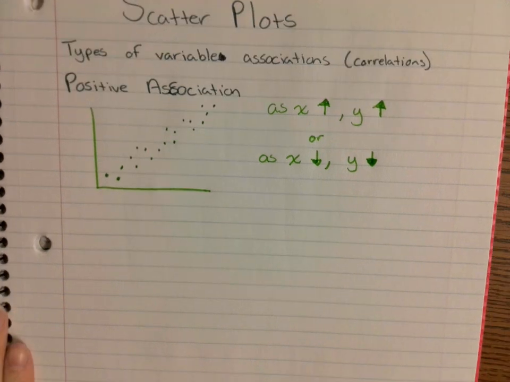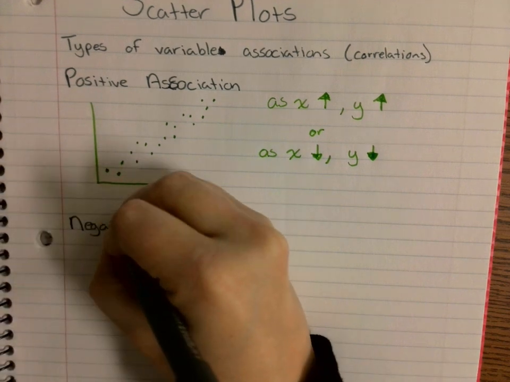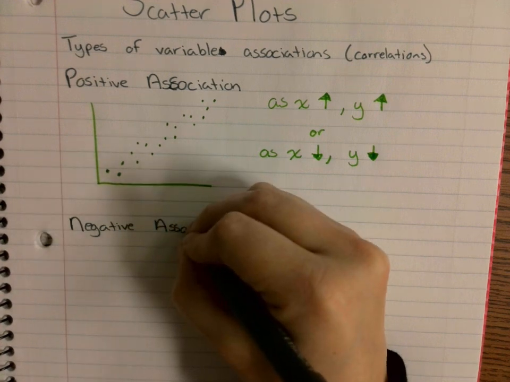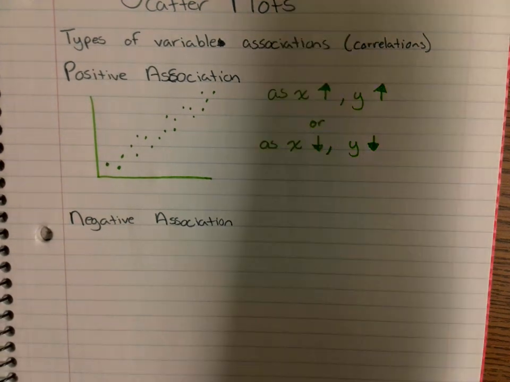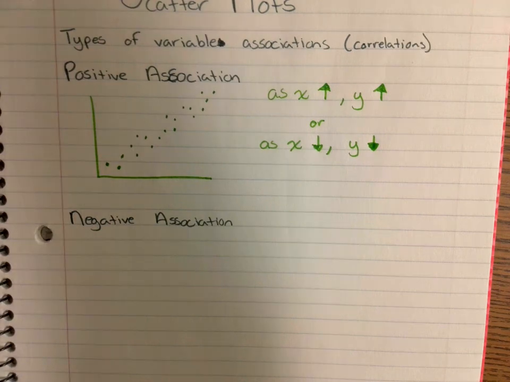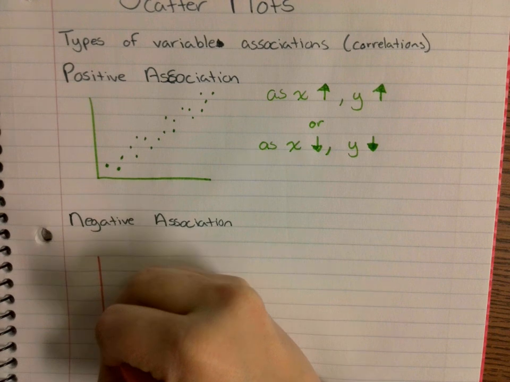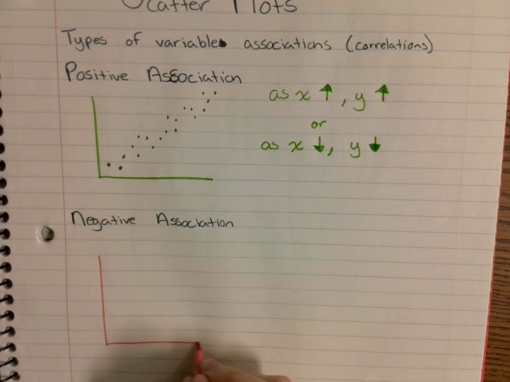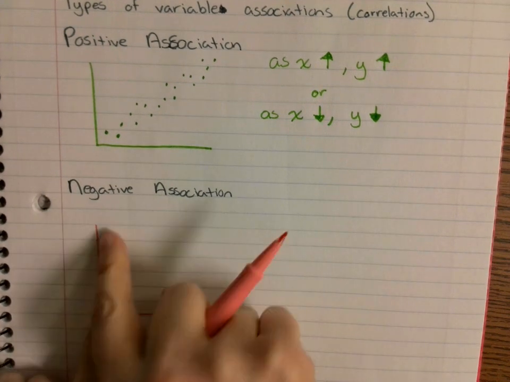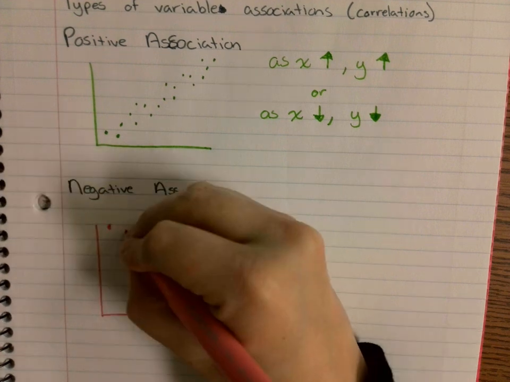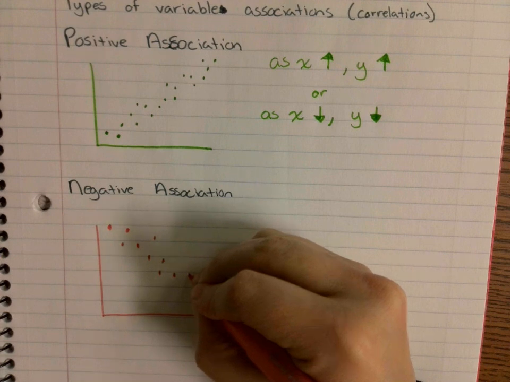Okay, then we've got what's called a negative association, or negative correlation. And that's going to have the opposite effect. So if we think of it as a line, it's going to look almost like a negative slope, where at the beginning of its x values, it's going to start higher up on the y, and it's going to start following a trend that's decreasing.